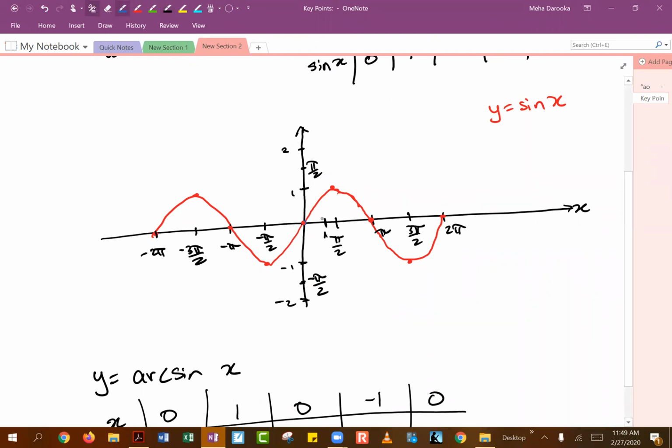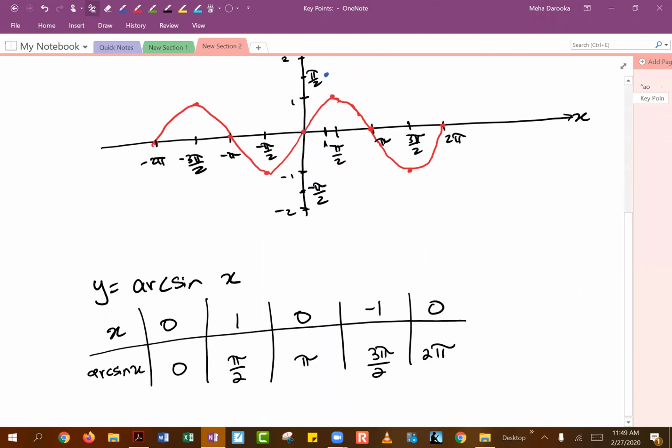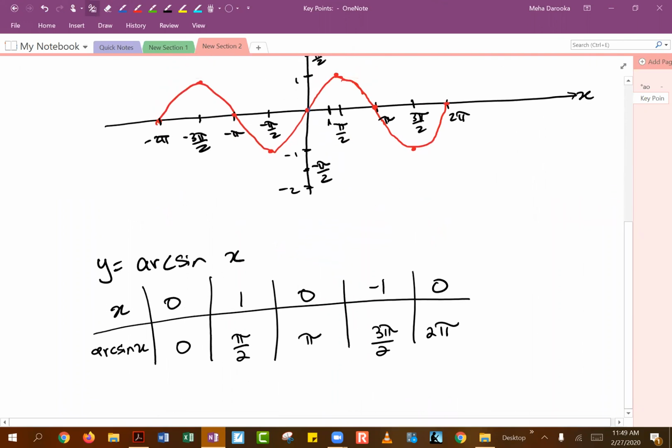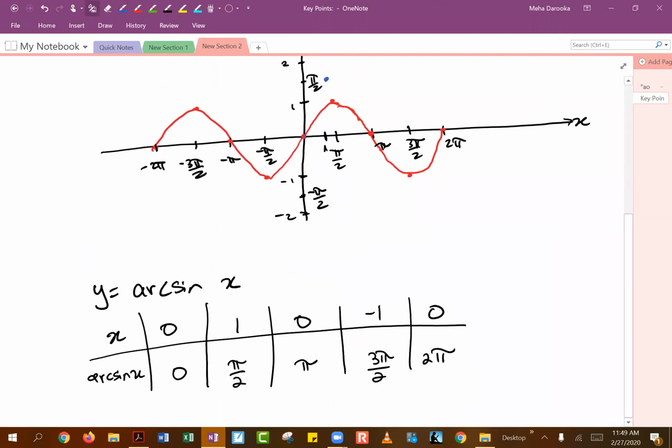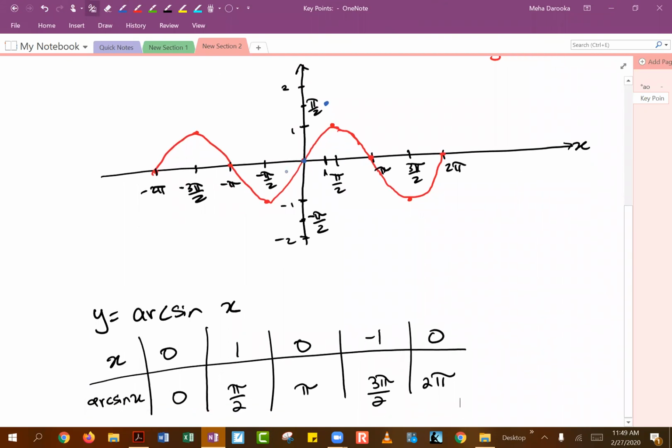This is going to be interesting because you need to have 1 on the x-axis also. 0 and pi, negative 1, negative pi halves. Okay.